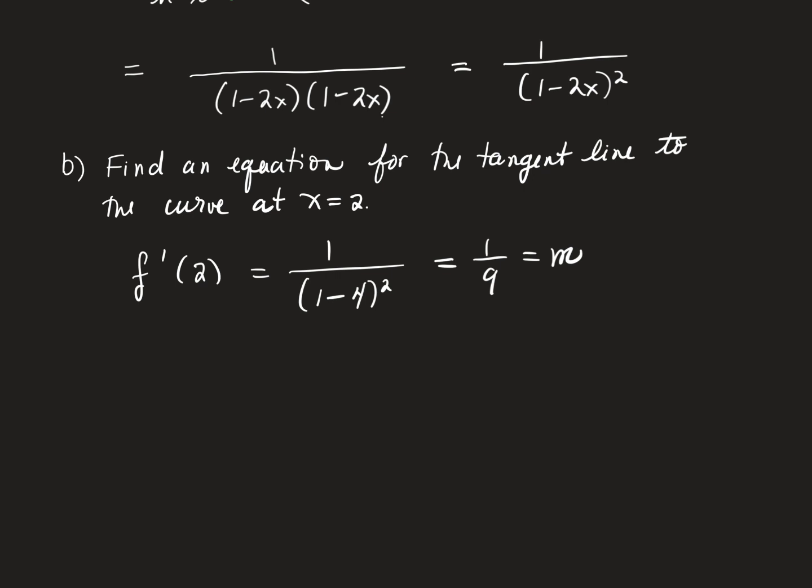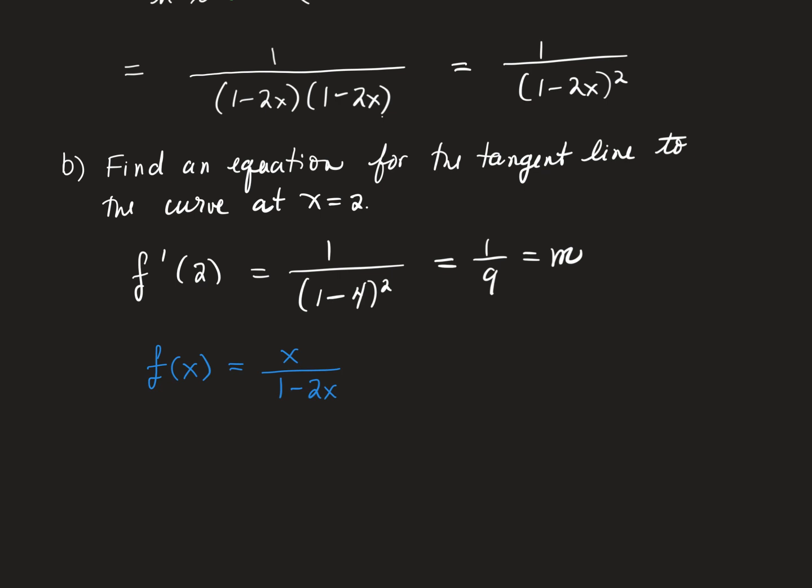And of course, to get an equation for the tangent line, you need a point and a slope. So you need a point. You know that x is equal to 2. And to get the y value when x is equal to 2, we need to go back to that original function and evaluate at x equals 2. So recall that the function is f of x equals x over 1 minus 2x.